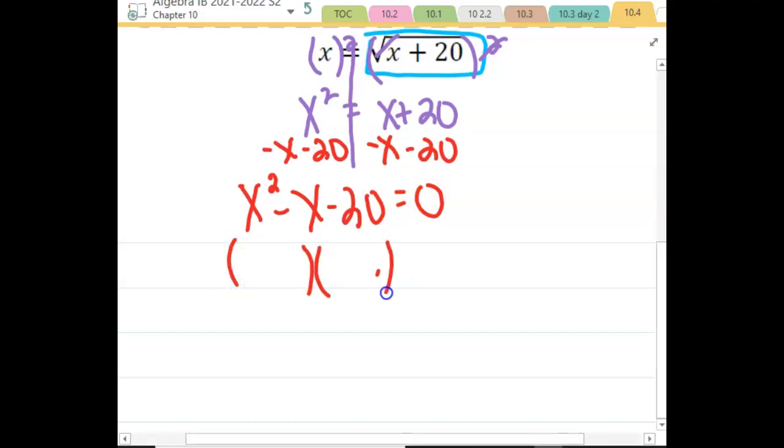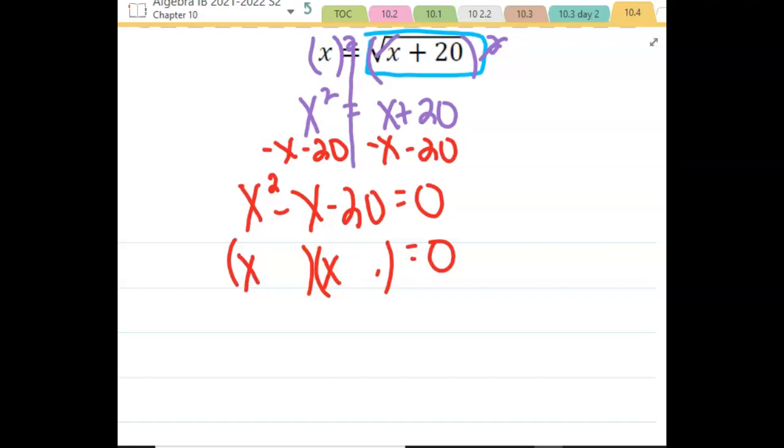And now remember, all of the ones today, because I'm nice like this, are going to be pretty simple and easy to factor, because all the ones today are just going to be an x squared. They can be more difficult than that, but for today, they're just going to be an x squared, which is wonderful, because you know the only way to get x squared is x times x.